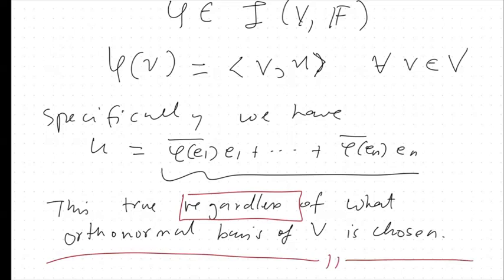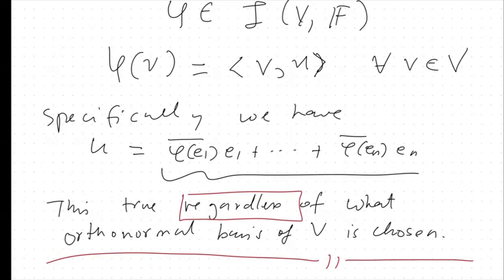The Riesz representation says that a linear functional on V is just an inner product with a unique vector.